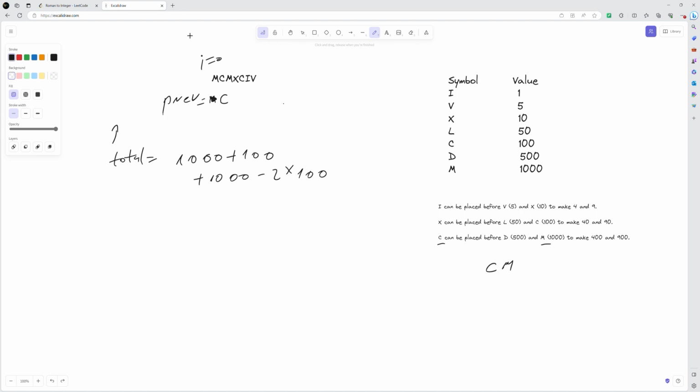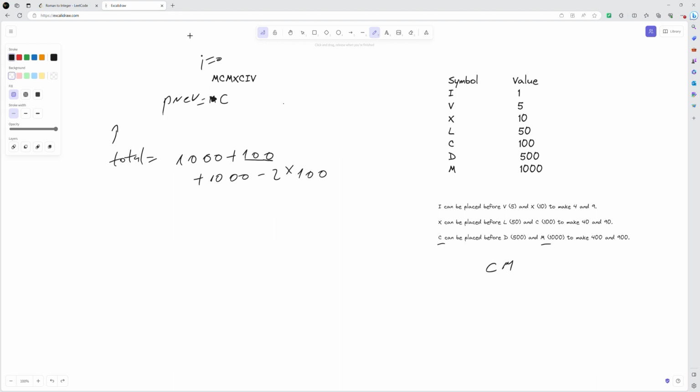Why do we do it 2 times? First, we want to reverse the effect that we had because we added the C without looking ahead to see if it's a valid subtraction. So one of these two 100s will cancel out this effect on the total sum.